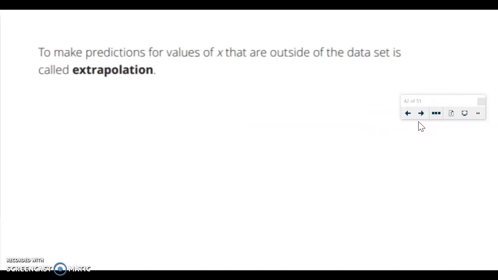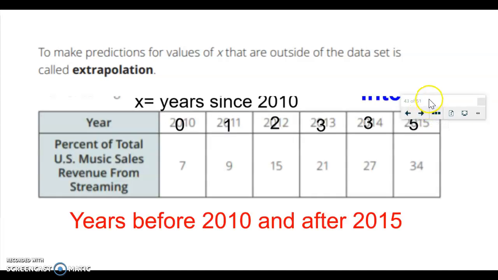Making predictions for x values that are outside the data set is considered to be extrapolation. This data set works for years between 2010 and 2015. Extrapolation means we're looking at years before 2010 and after 2015.